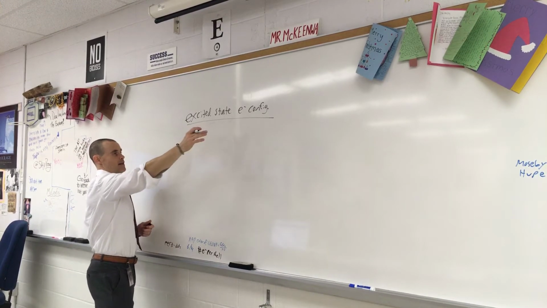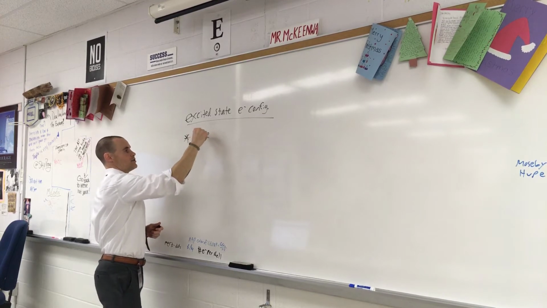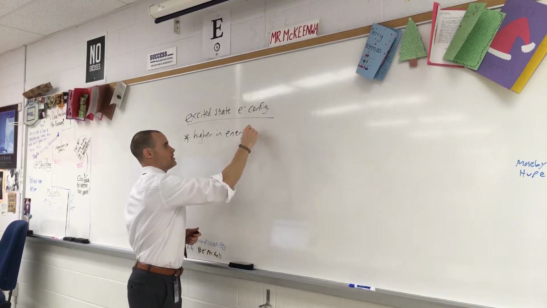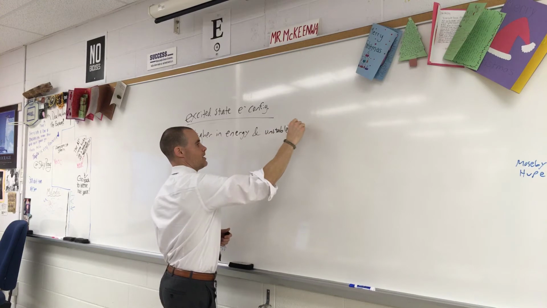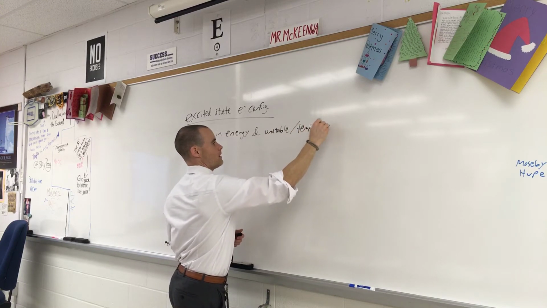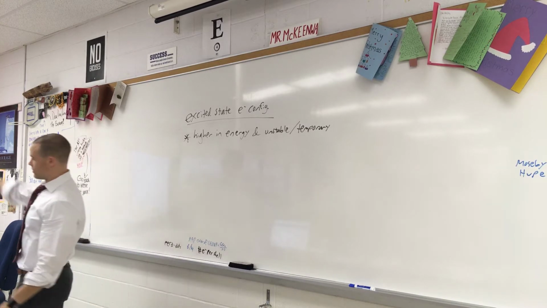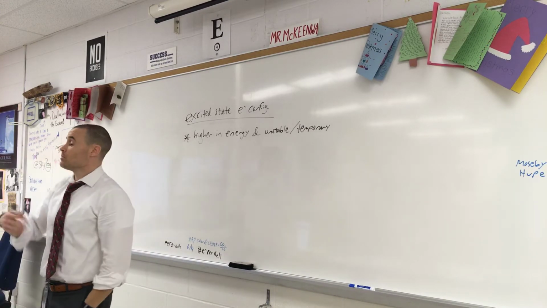All right, excited state electron configuration. This is higher in energy, and unstable and temporary. Again, if I jump onto the desk or table or counter or bookshelf, whatever you want to jump up on, to symbolize, right?